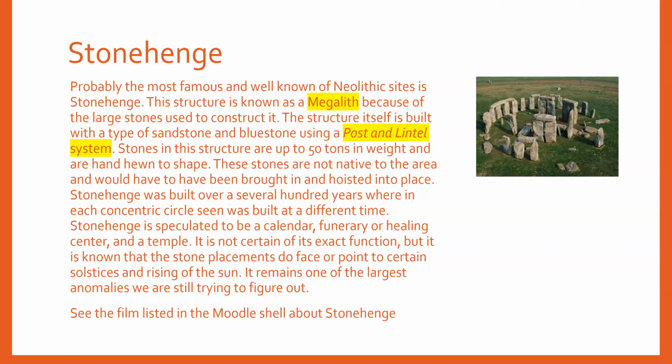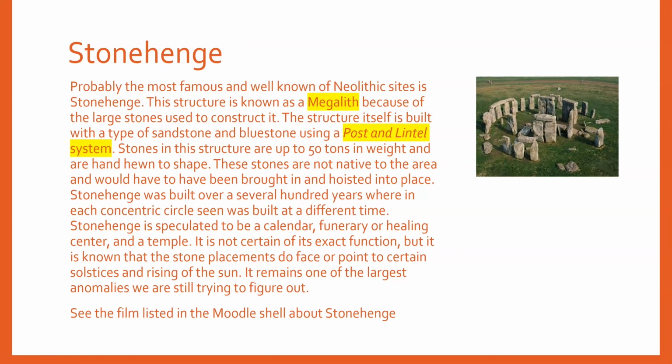They used a post and lintel system, which means just kind of like our door frames, right? You have two uprights held by a support beam in between. But how they hoisted that up is even more remarkable because we're not finding any tools. There was a road nearby that was carved into the dirt, so we know that there was some sort of access to it.